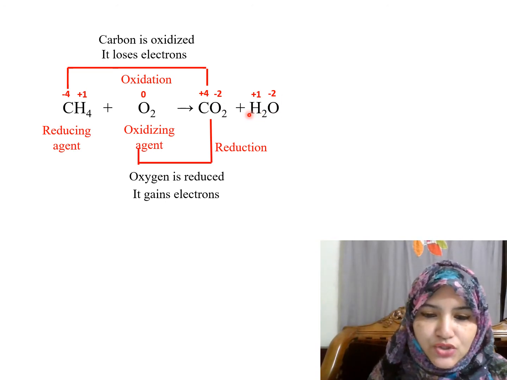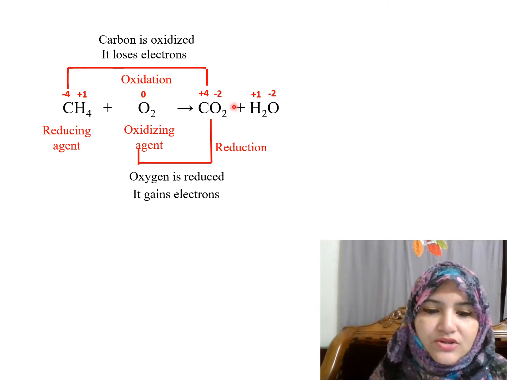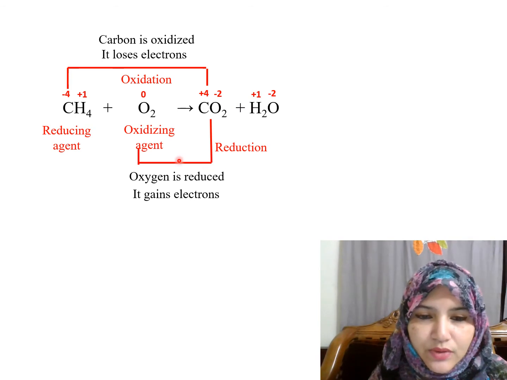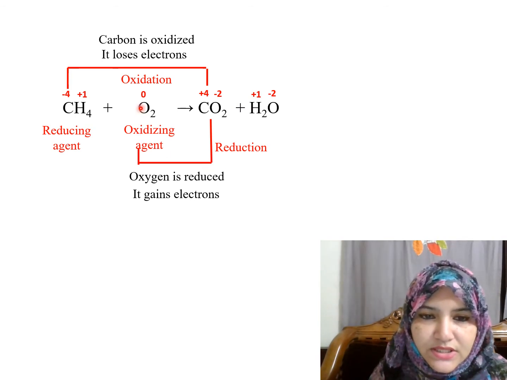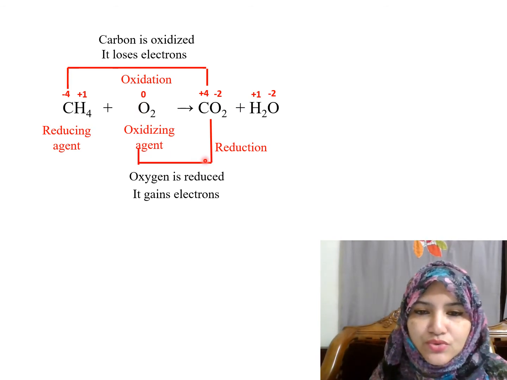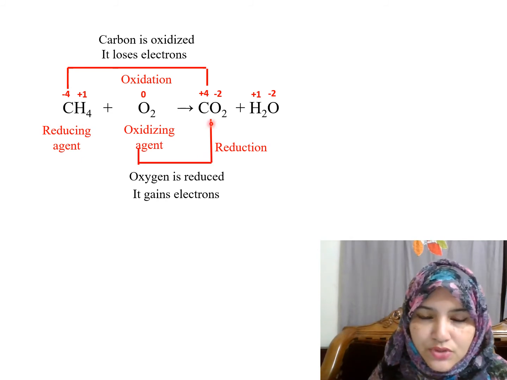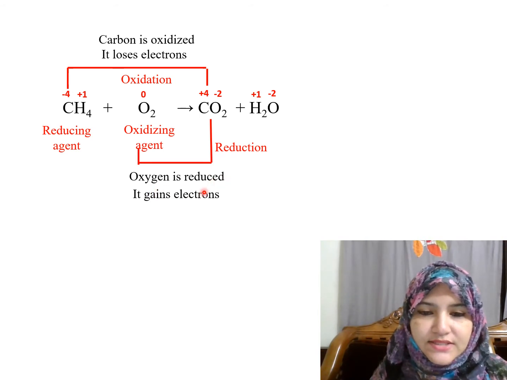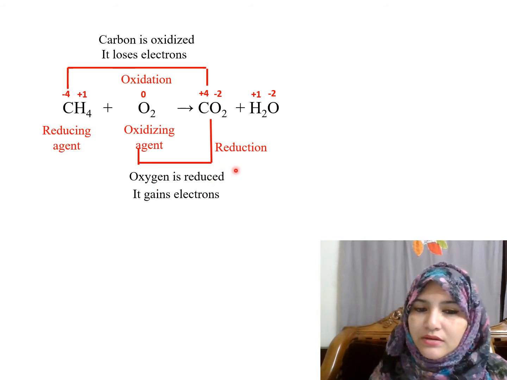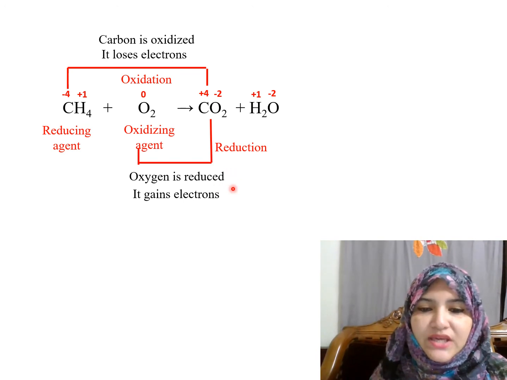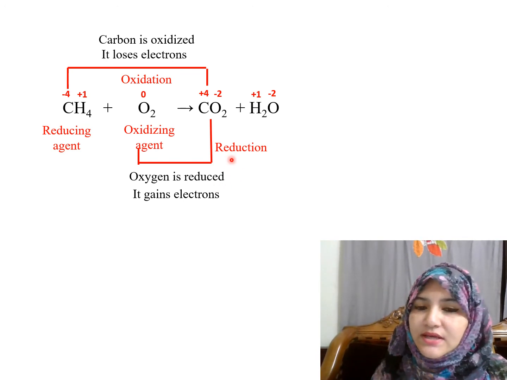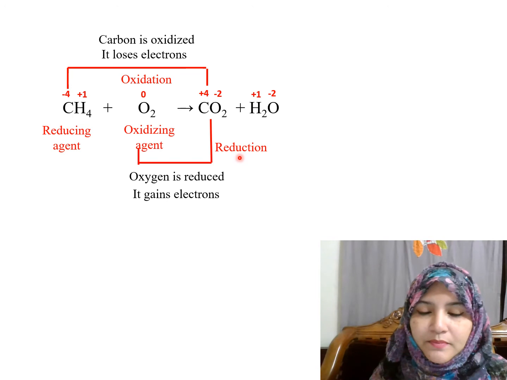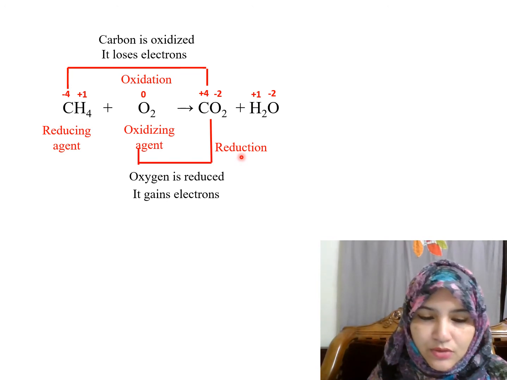So for oxygen gas, the oxidation number is decreasing from 0 to -2, and that's why oxygen is reduced and it gains electrons.